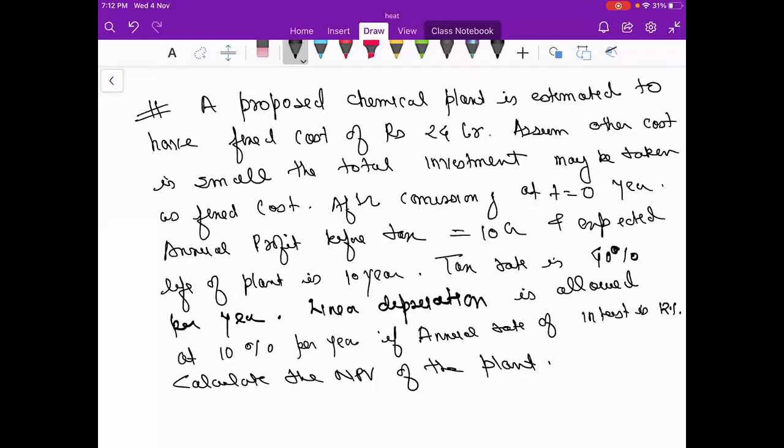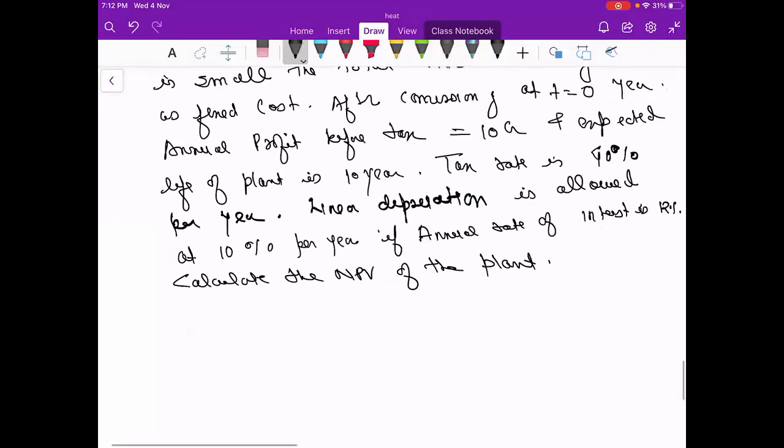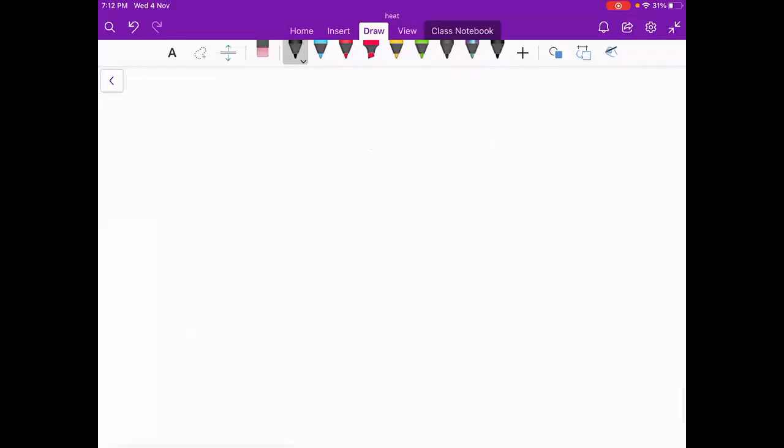Okay, so let's solve the question. If it is not mentioned, it means we have to calculate NPV of the whole plant, up to the service life of the equipment. So first we will calculate the value of ACF.